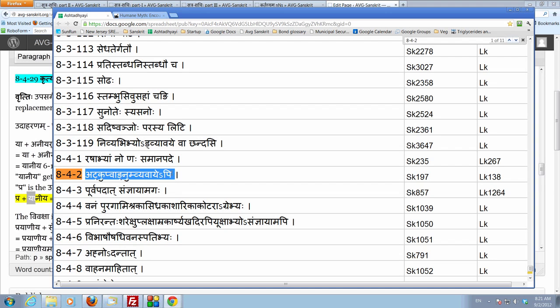The next question is why do we even need 8429? Why can't we just use 842? The reason is that look at the anuvritti of samana pade, which runs throughout this section. When upasarga is added like that, we make a compound formation.